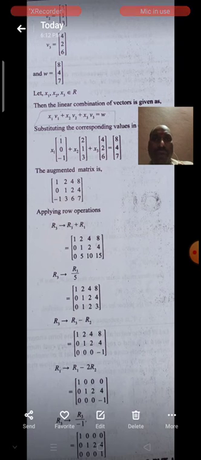Solution. Given vectors are V1 equal to the 3 by 1 matrix (1, 0, minus 1), V2 equal to the 3 by 1 matrix (2, 1, 3), V3 equal to the 3 by 1 matrix (4, 2, 6) and W equal to the 3 by 1 matrix (8, 4, 7).